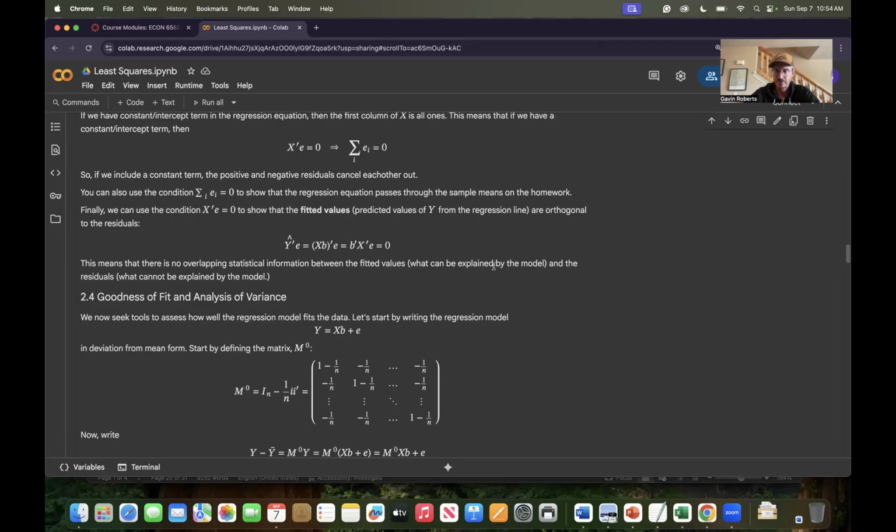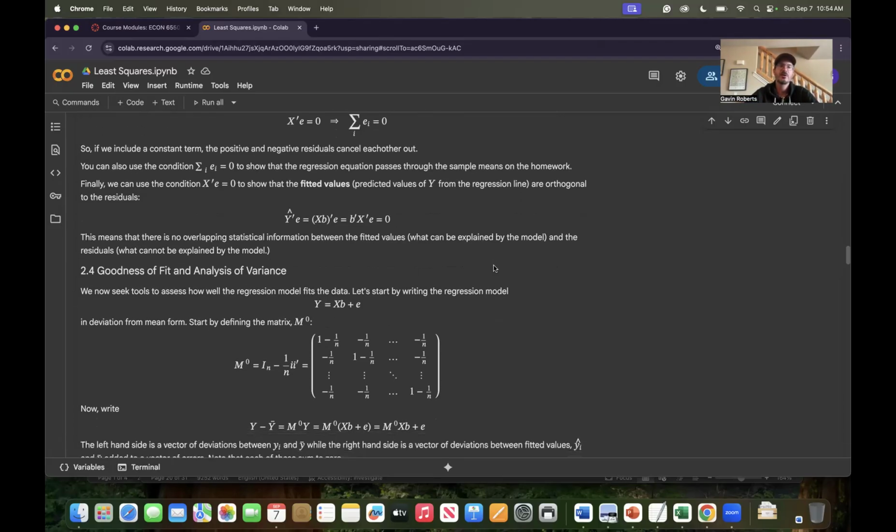So those are the predicted values, and now we can say those are orthogonal to the errors.